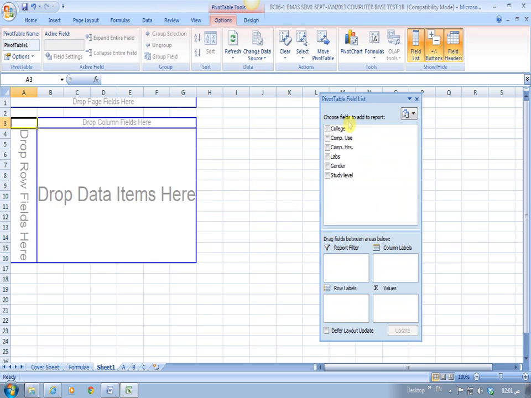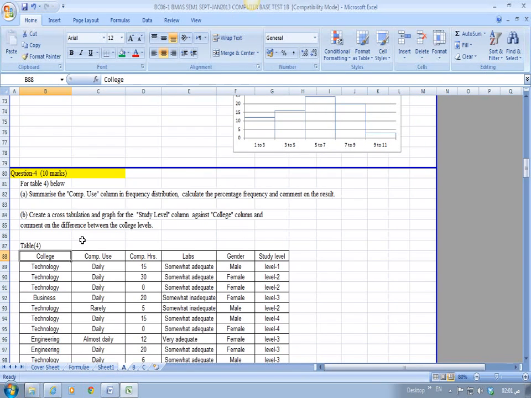The computer makes a new sheet, and here you'll see your fields, and the first question is the use of the computer. If you forget, you just click and see what is required in the question. What is required is to summarize the use of the computer, and summarizing means that we want to see how many, so it means that we are using count.